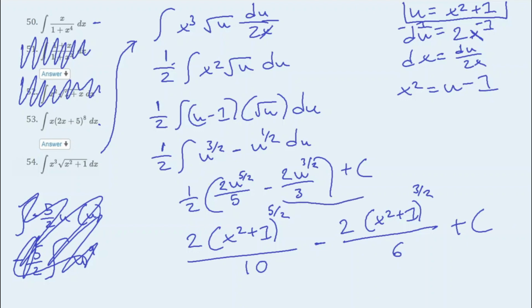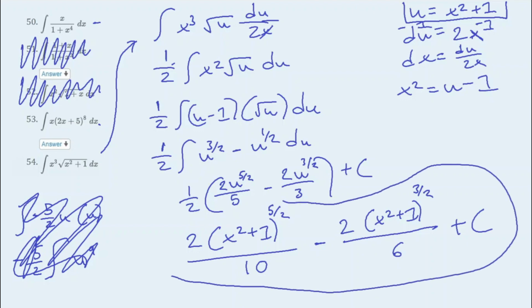And that is also our final answer now. And you could see that even though we had a u value that didn't directly cross out x cubed, we were able to cross it out by using the known information we have to create new information, so that we could further assist ourselves in the question. So that's the integration of number 54.